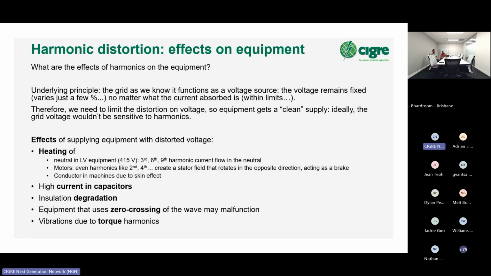So the sources, we talk about harmonic sources injecting a harmonic current. Why? Because our system is assumed to be a voltage source. That's the ideal way of having it functioning. Fixed frequency, fixed voltage, and no influence from the harmonics. So it's not sensitive.